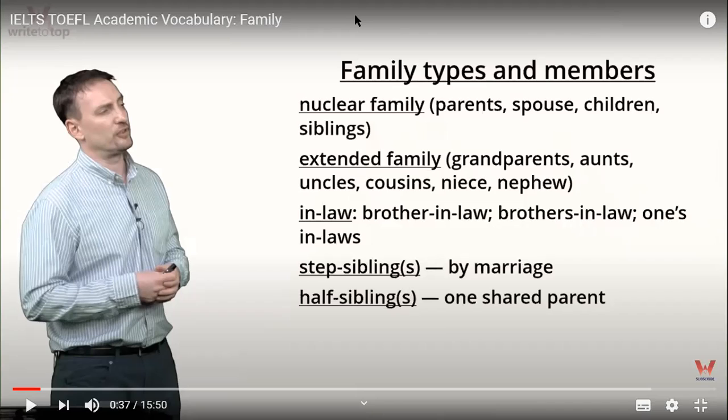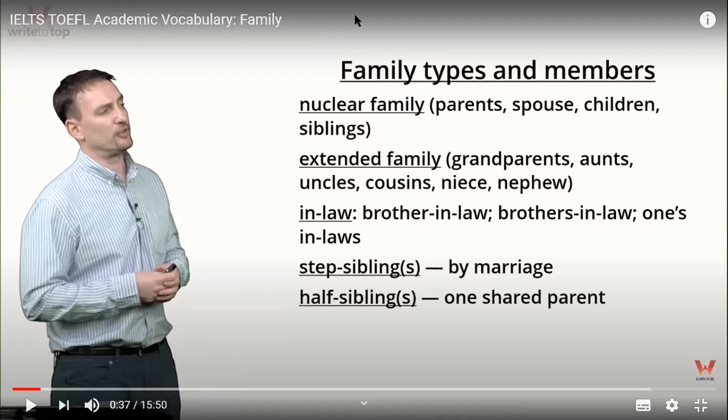Nuclear family. In my mind, in a nuclear family there are more siblings or twins.